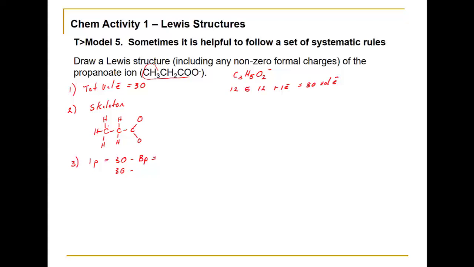So I see 1, 2, 3, 4, 5, 6, 7, 8, 9. So I have a total of 18 bonding pair electrons. So of course this will equal 12 lone pair electrons that I need to apply to the structure. So I start applying those lone pairs. So 6 electrons here, 6 electrons here.